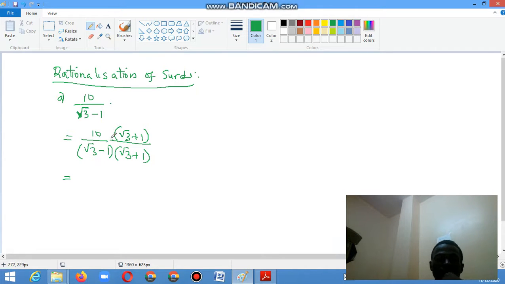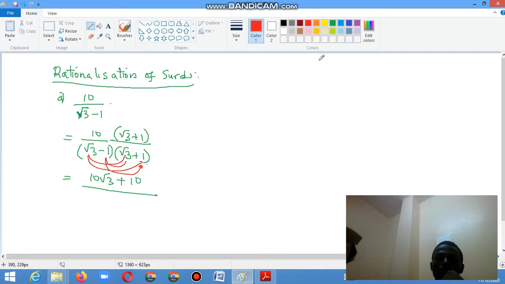So you get 10 times root 3, that is 10 root 3, then plus 10. I've just expanded the numerator. Then in the denominator, root 3 you multiply with this, and then again with this. Again, this times this, and this times this. As simple as that.